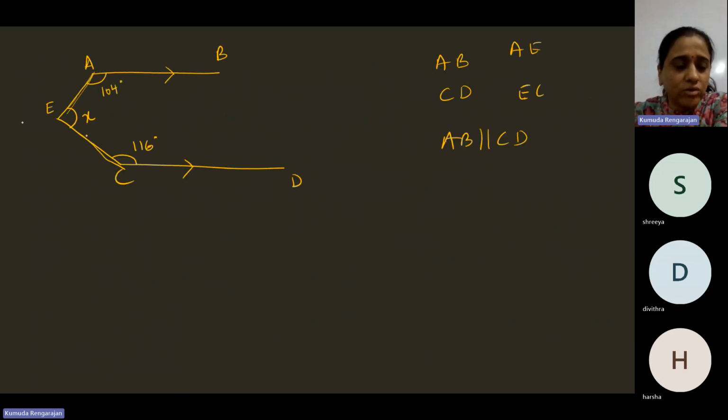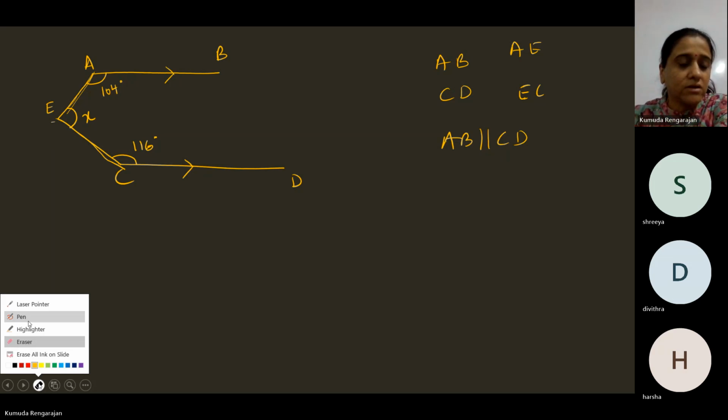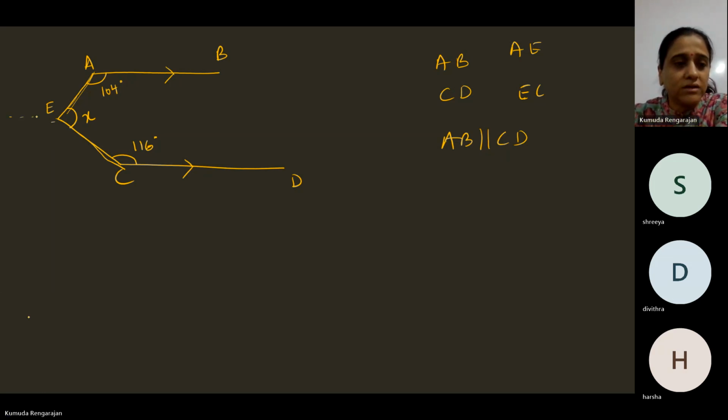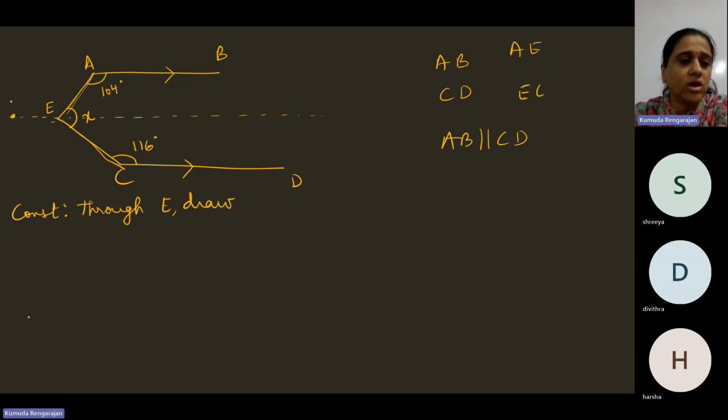Through this point E, we're going to draw a line parallel to AB. Construction: through E, draw XY parallel to AB.